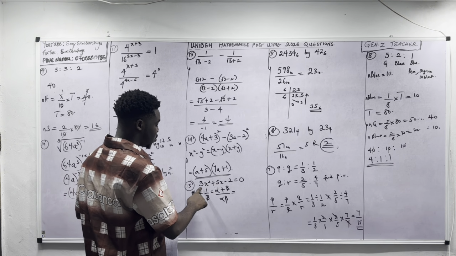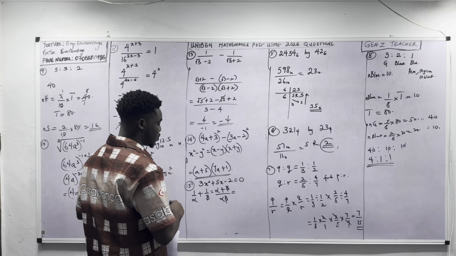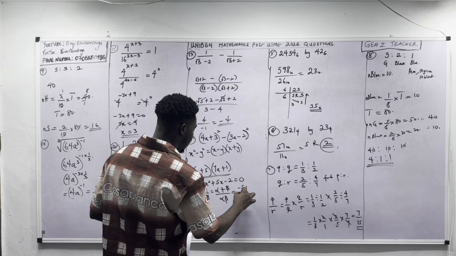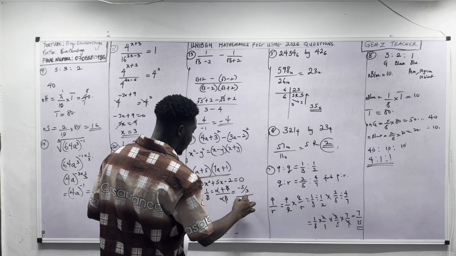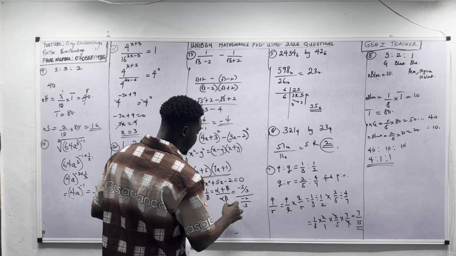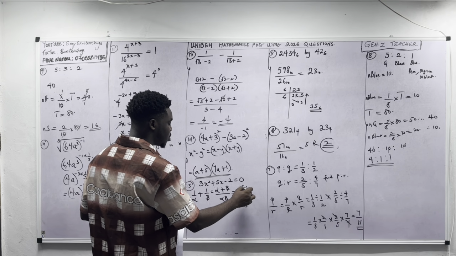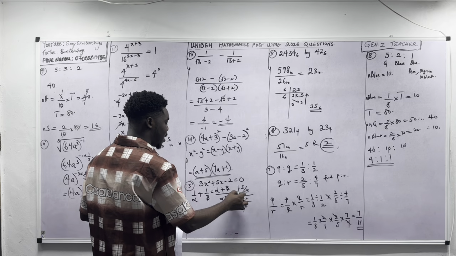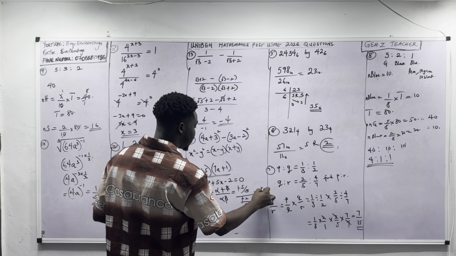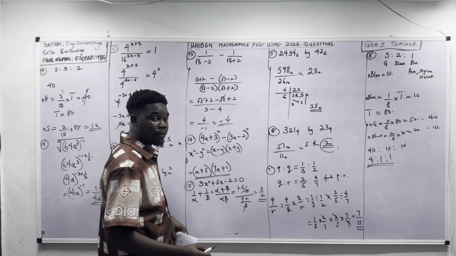So a is 3, b is 5, c is minus 2. So minus 5 over 3 divided by minus 2 over 3. Now this 3 comes down, 3 takes out 3, minus takes out minus, and it becomes 5 over 2 as the answer.